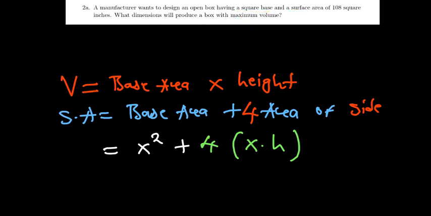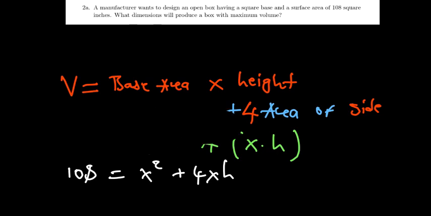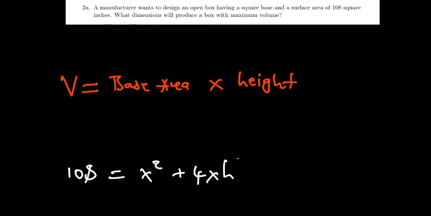So at least we've established what we have. So we've determined the formula for our surface area, which can be reduced as x squared plus 4xh, and then this is equal to 108, right? That's our surface area given in the question.